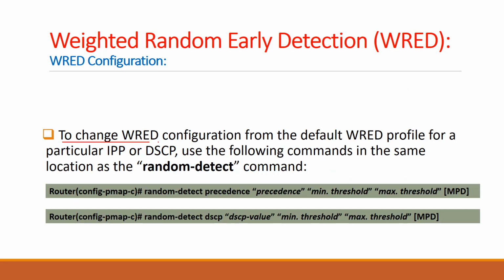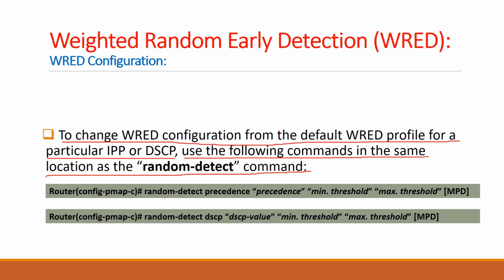To change the WRED configuration from the default WRED profile for a particular IP precedence or DSCP, use the following commands in the same location as the random-detect command.